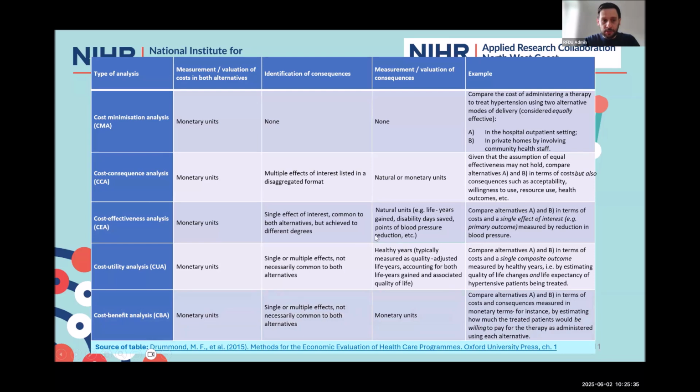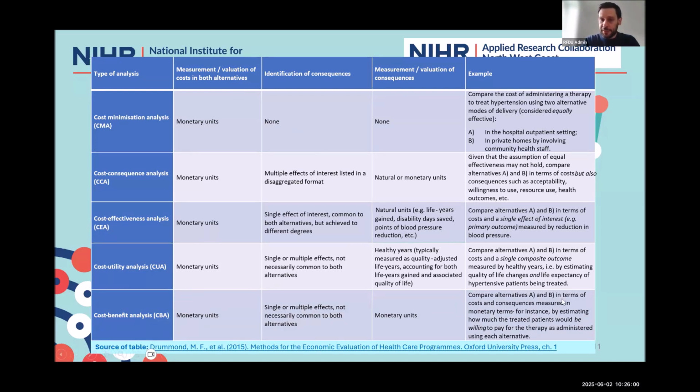Lastly, I'm just going to also mention cost-benefit analysis. So far you will have noticed that we always consider cost in monetary units, as you expect, and we are going to do the same here in a cost-benefit analysis. But in a CBA, we will also consider consequences, effects in monetary units. So we will try to quantify effects in a monetary way.